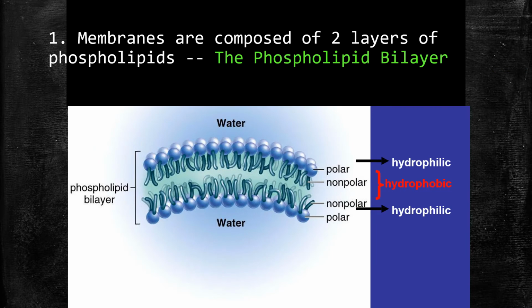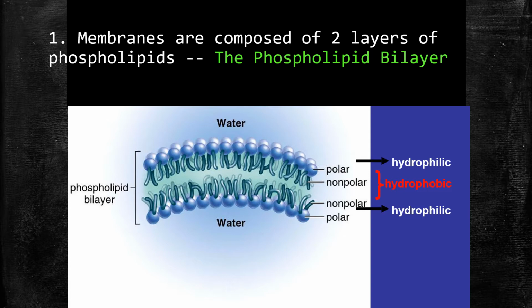Okay, so when we take a look at our phospholipids, which if you'll remember from our organic chemistry conversation, we have the polar heads and the fatty acid tails that are nonpolar. And so when we look at those, they tend to self-aggregate in such a way that they compose two layers.